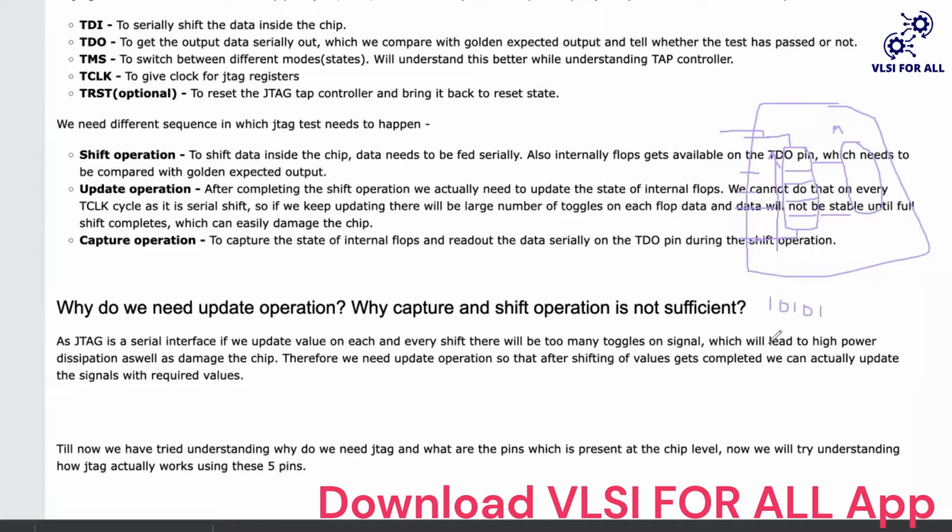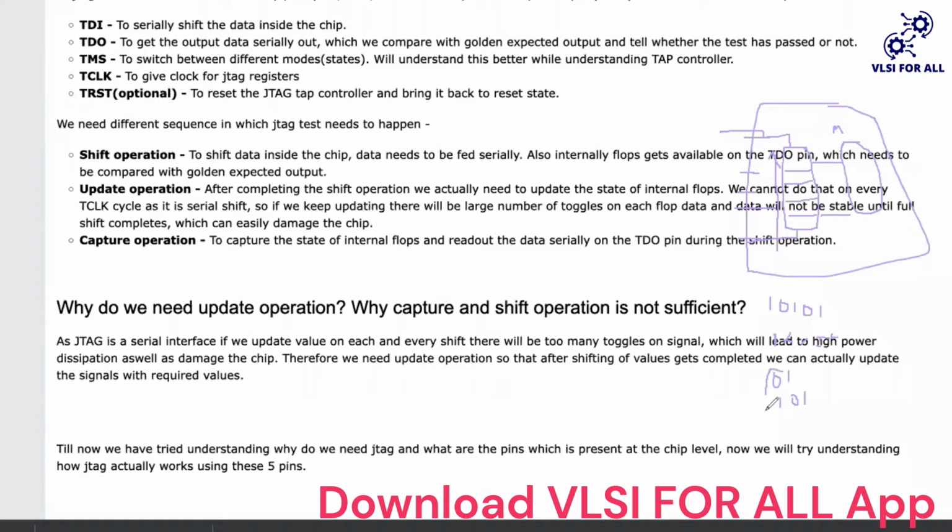How will my first shift look? The first shift will look like XXXX, and over here the first bit will be 1. Then 1 will come over here and 0 will come over here. Then 1 will come over here, 0 over here, and 1 again.